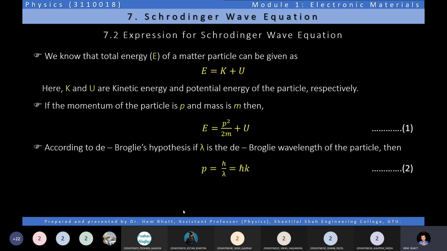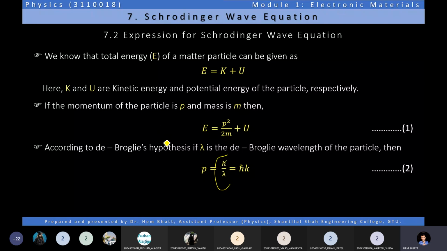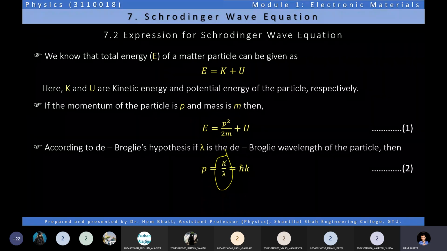How? How does P equal h cut by k? Multiply and divide by 2 pi. Very good. If you multiply and divide h by lambda, then you will get h cut by k.